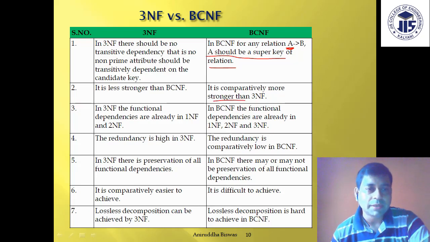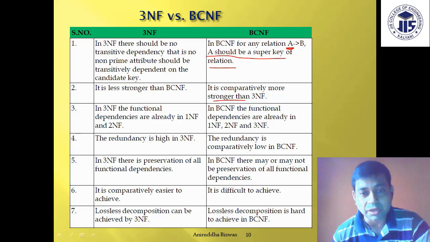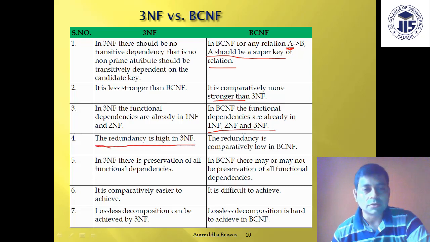Third point, in 3NF the functional dependencies are already in 1NF and 2NF. And in case of BCNF, the functional dependencies should be 1NF, 2NF and 3NF compatible first. The redundancy is high in 3NF because we sometimes may have to put null values to manage the determinant to be in the list of candidate keys.